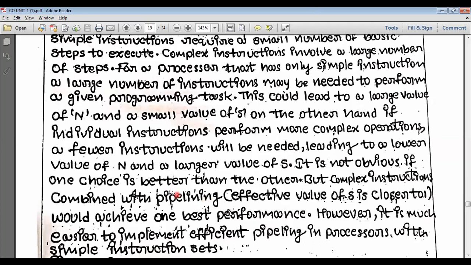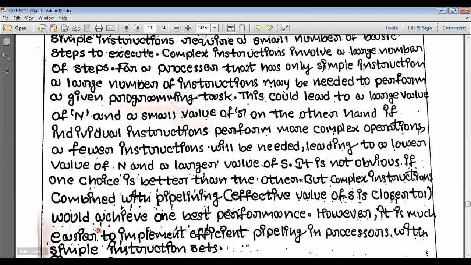In the previous class, we discussed pipelining, without pipelining and with pipelining. Without pipelining means more clock cycles are required to execute some instructions. The same number of instructions will be executed with fewer clock cycles if we are using the pipelining concept. So complex instructions combined with pipelining would achieve the best performance.